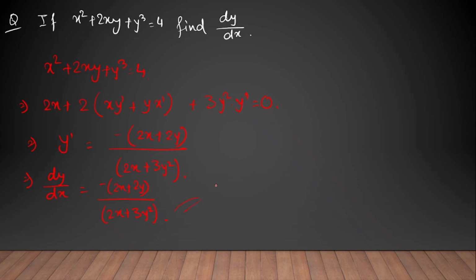Next, the second question: if y power 5 plus xy square plus x cube equals 4x plus 3, then find dy/dx at the point (2, 1). We have the function y power 5 plus xy square plus x cube equals 4x plus 3.